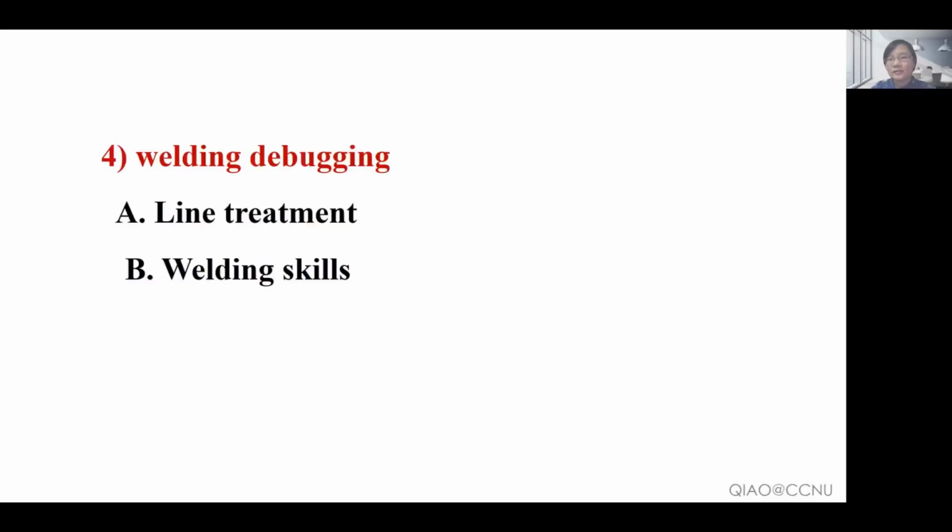And the fourth step is wiring and debugging, and they will consider line treatment and they will learn to weld.